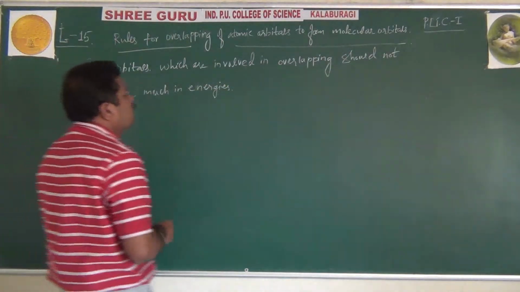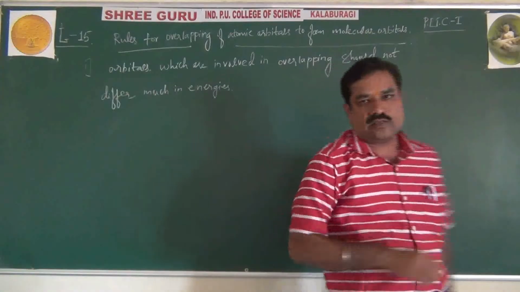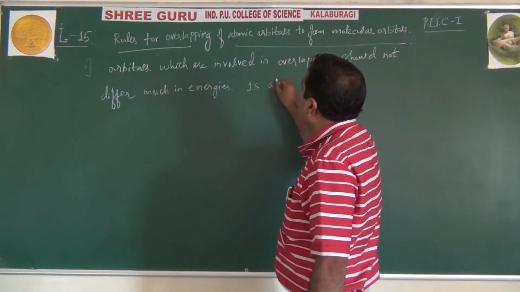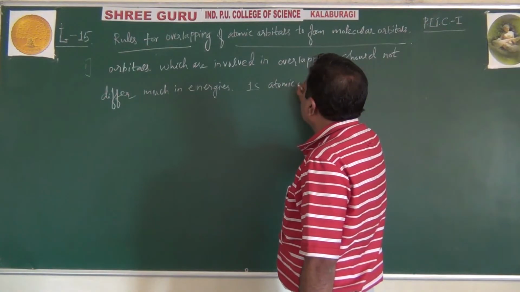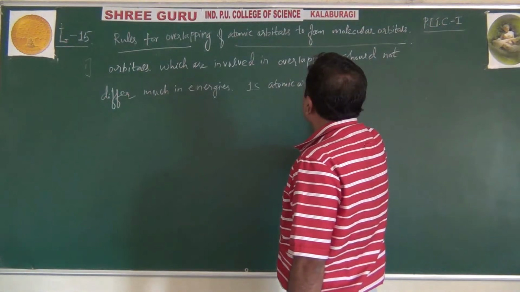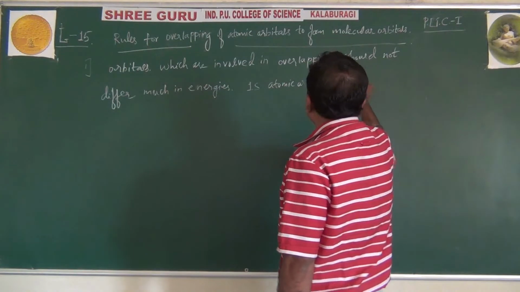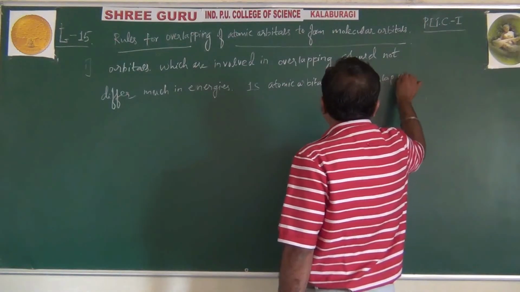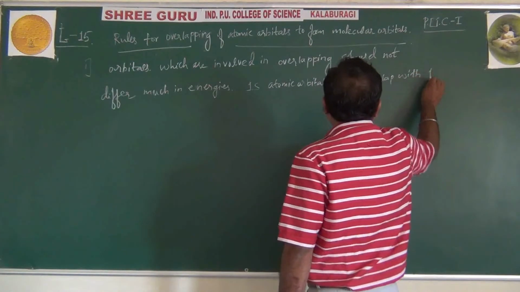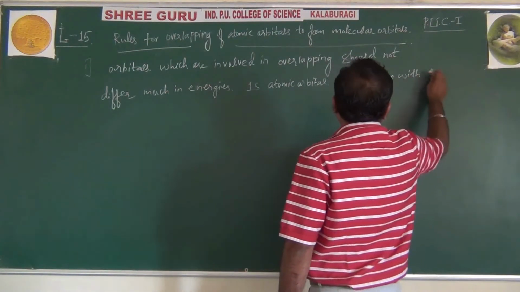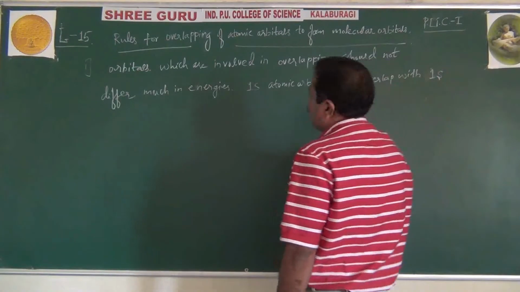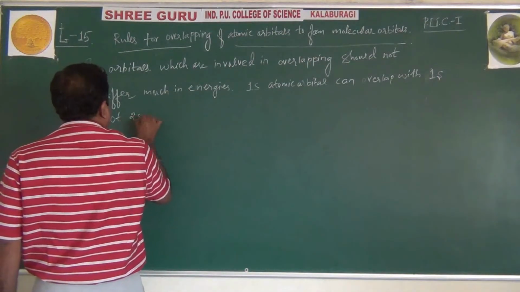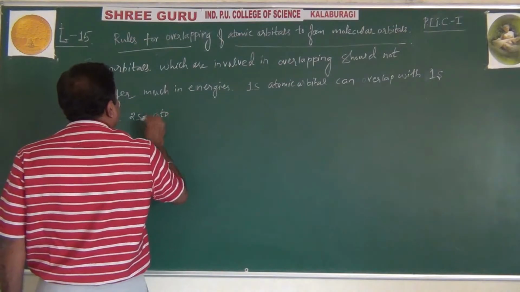Not much difference in energies. Means a 1s atomic orbital can overlap with a 1s, not a 2s atomic orbital.